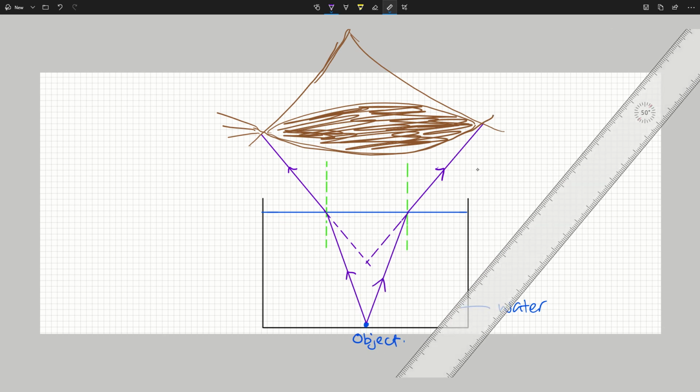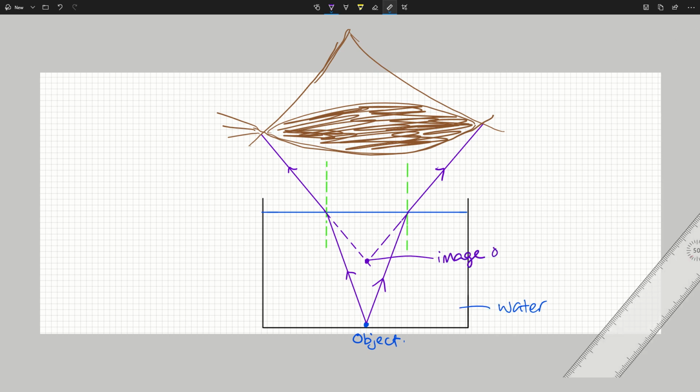And it is at this intersection that is the image of the object. So what the eye sees is actually the image of the object immersed in the water, not the object itself. It sees the image, and that's why the image appears to be shallower than where the object is.